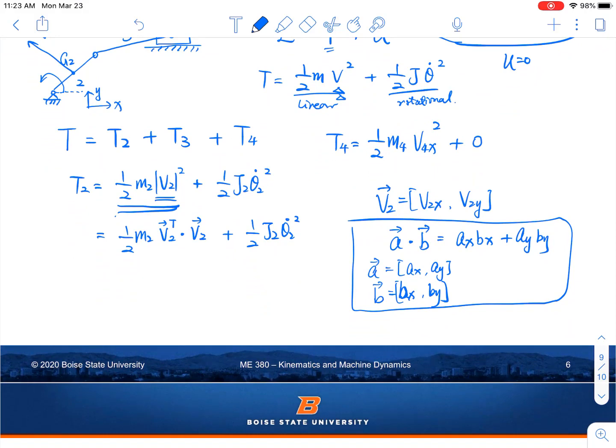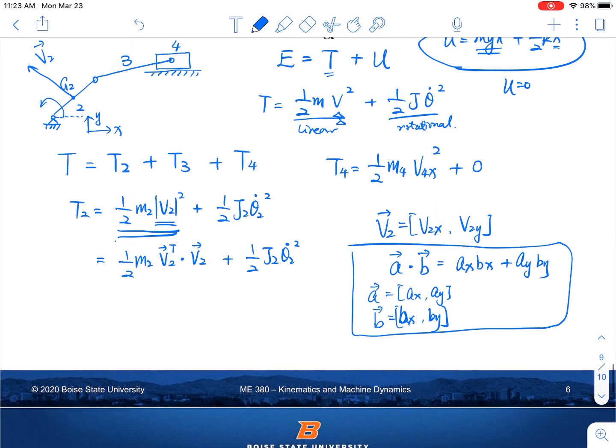So how can we find v2? We can easily do this by starting from the displacement or position vector. Let's name the position vector of G2 as S2. S2 equals half of the total length, L2, times e to the j theta 2.